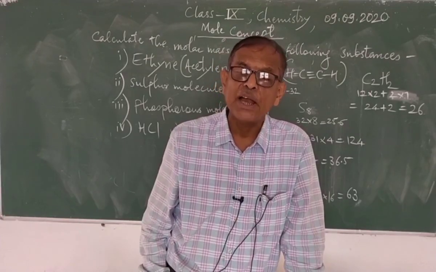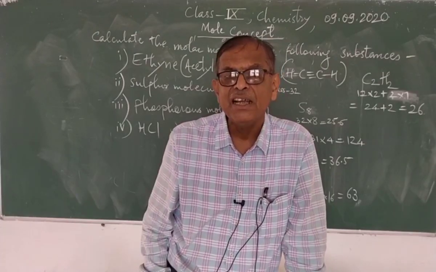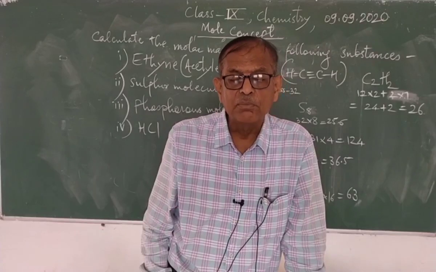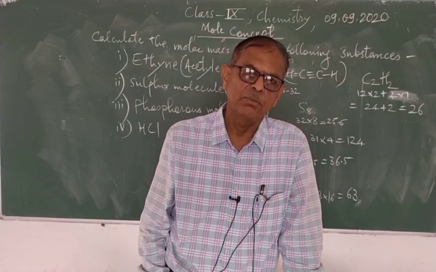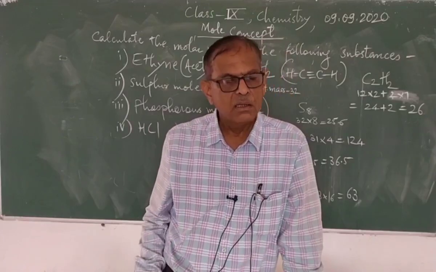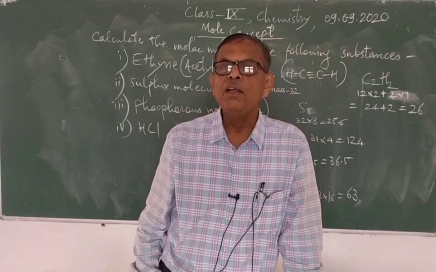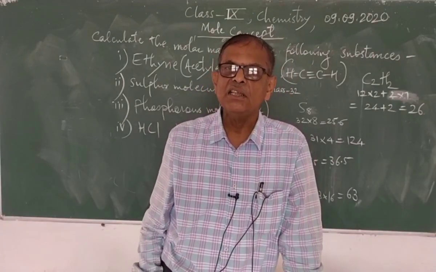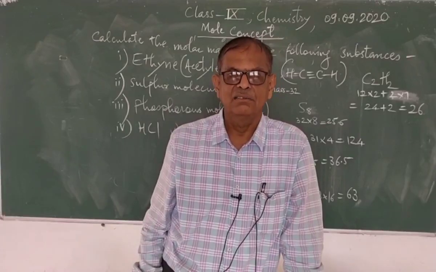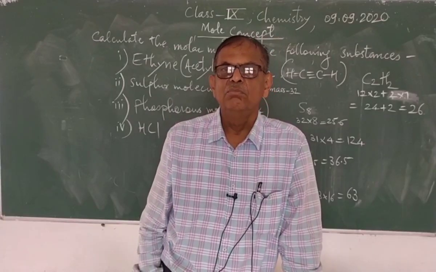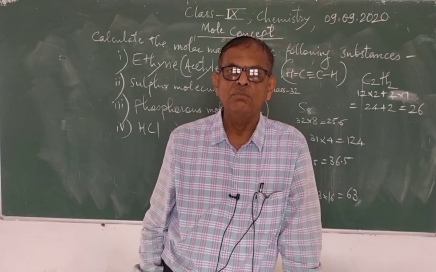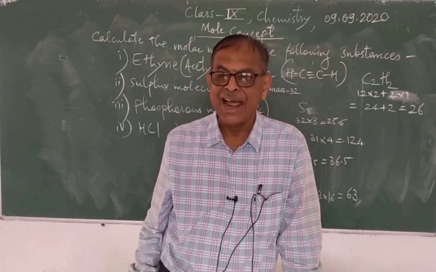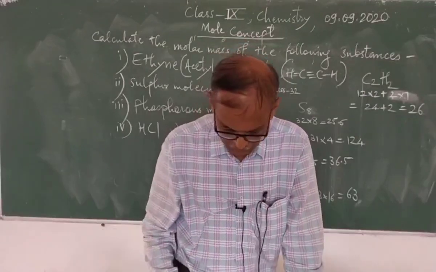It consists of two atoms and therefore we say it is a diatomic molecule. Its atomicity is 2. Now, when we take mass equal to its atomic mass, then the mass of 1 mole of nitrogen atoms.